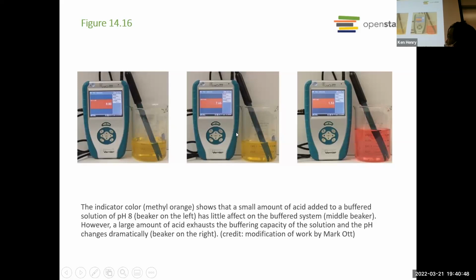So now it's at 7.66, and after we've added a whole bunch of acid, when it's shot over, it drops immediately to 1.55. That's just the addition of a single drop putting it over the limit.